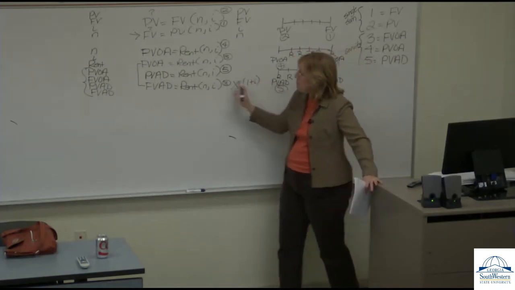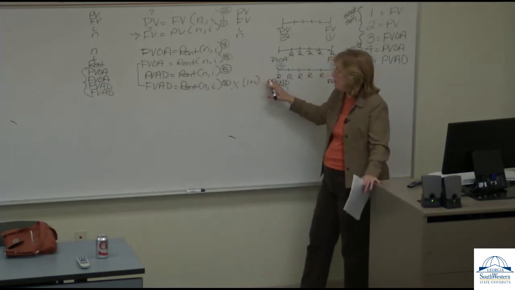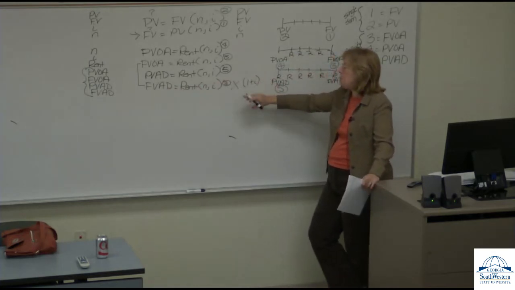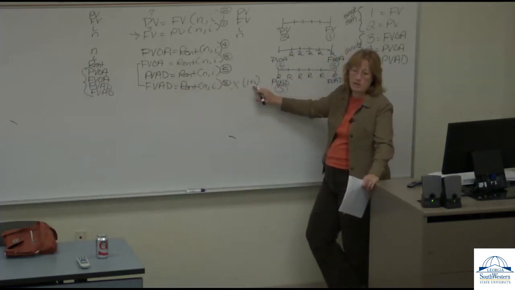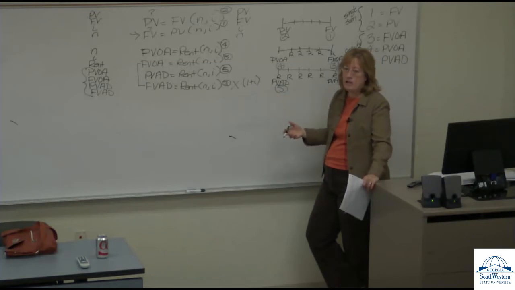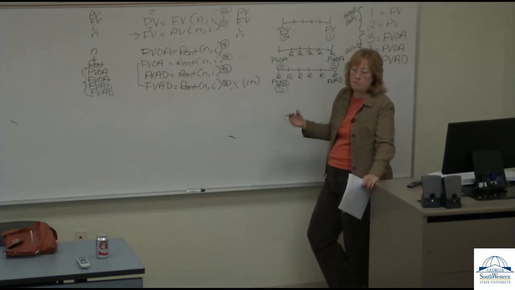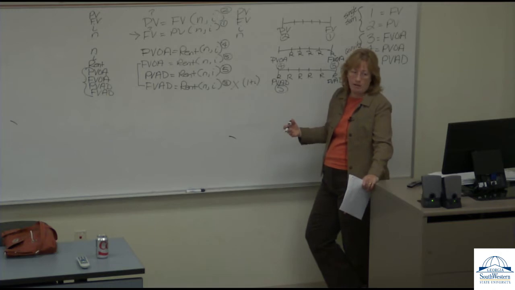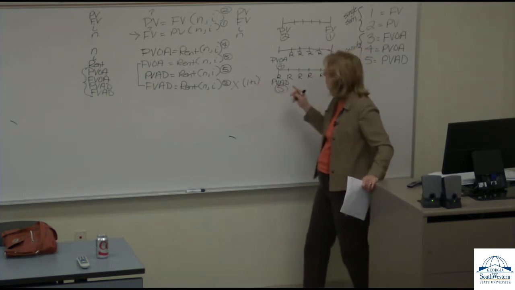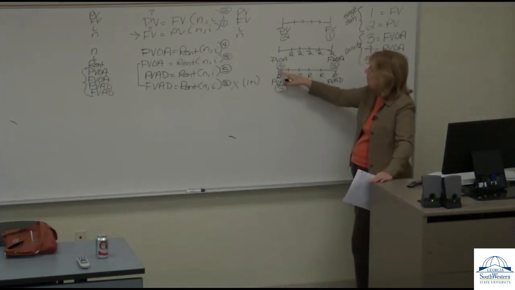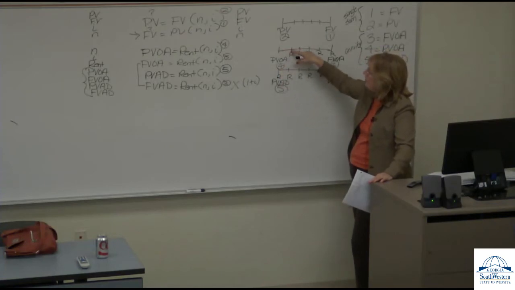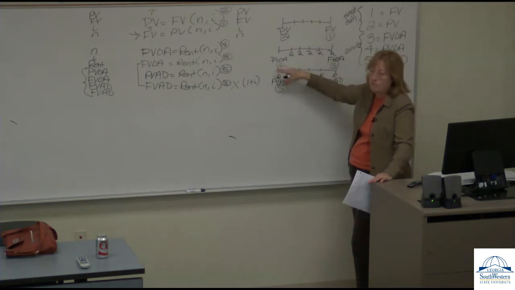Okay? We do this whole thing that we did on an ordinary annuity, and then we're going to multiply our answer times 1 plus the interest rate. Like if our interest rate is 5%, it would be 1.05. Because we're just accruing interest for this one other period, this one period from the beginning.